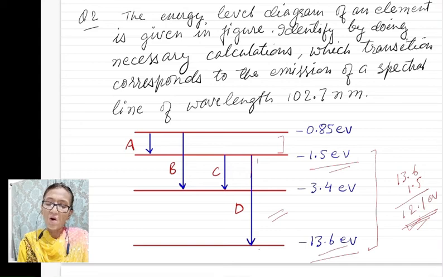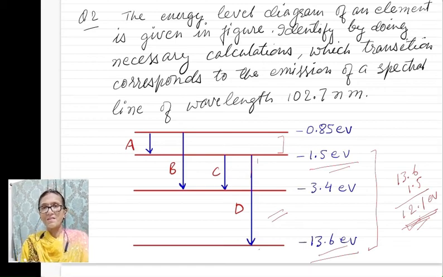So transition D is possible in the case of wavelength 102.7 nanometer.